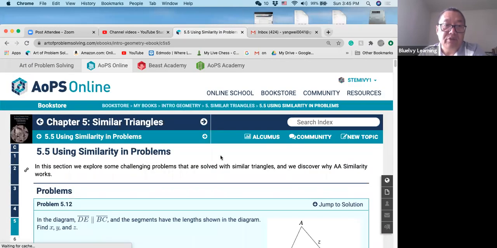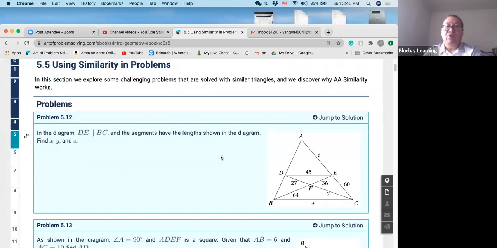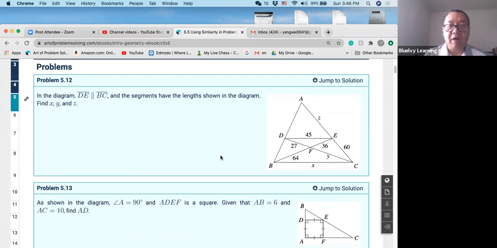Now let's go to section 5.5. So this section, because we already finished learning the three theorems to determine two triangles are similar, now we'll use these three theorems to solve a lot of problems. Say here, 5.12.